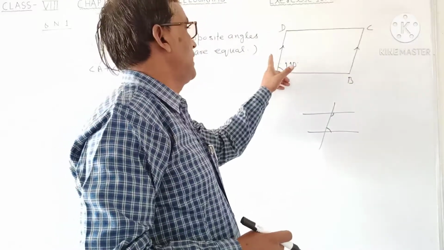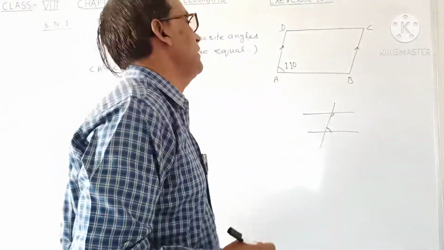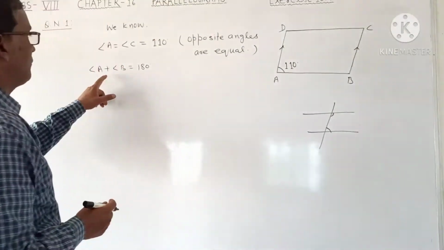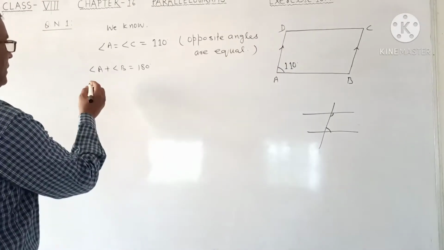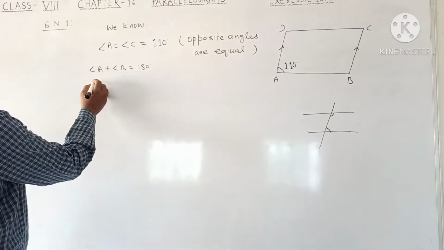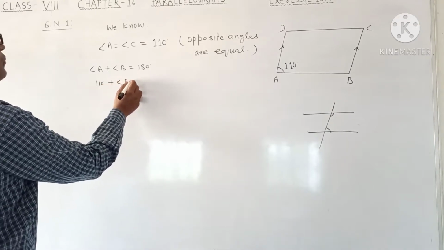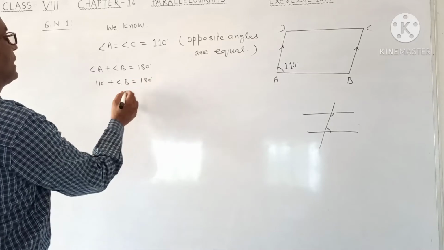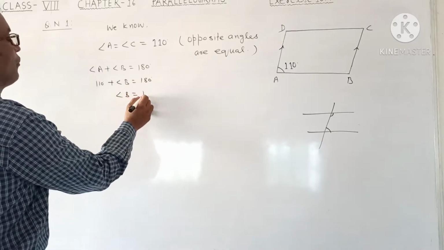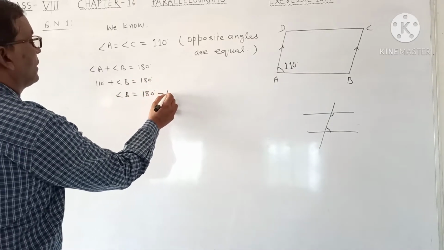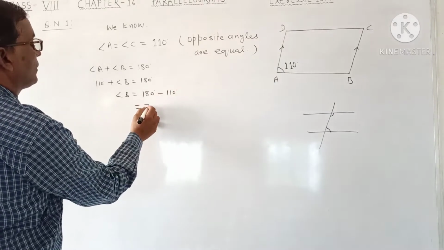So AD is parallel to BC, therefore angle A plus angle B equal to 180 degree, and angle A equal to given 110 degree plus angle B equal to 180 degree. Therefore angle B equal to 180 degree minus 110 degree, it is equal to 70 degree.